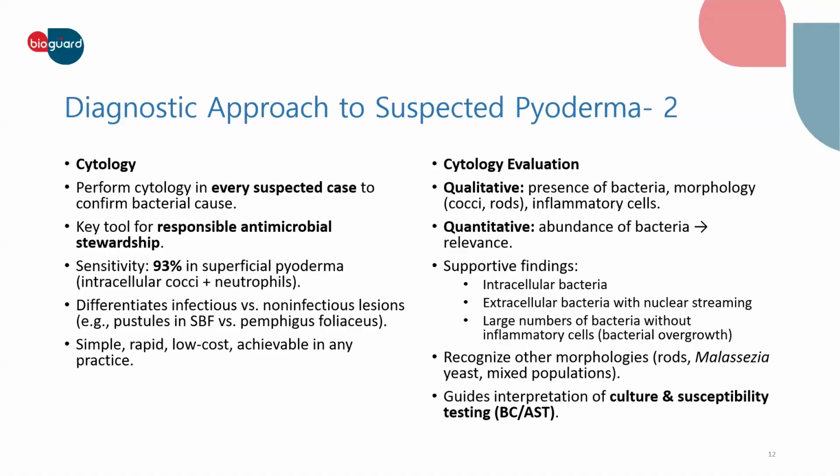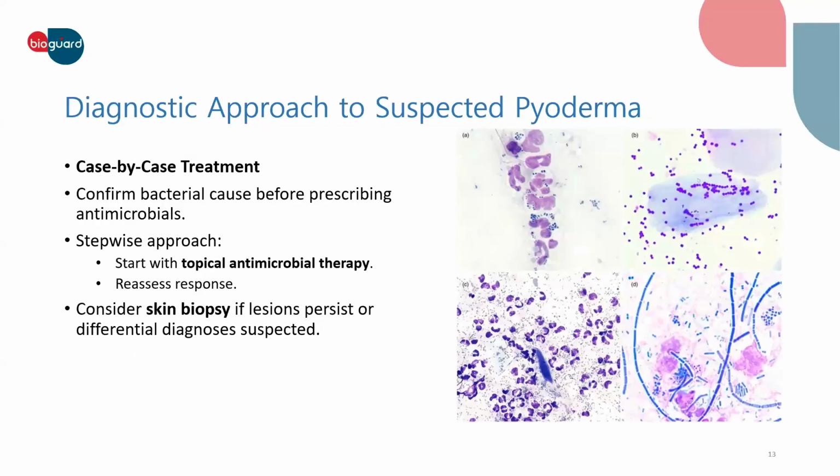And it's the best guideline for interpretation of culture and AST test. And then basically, the treatment is usually case by case, because usually we need to confirm the bacterial cause before prescribing antimicrobial.